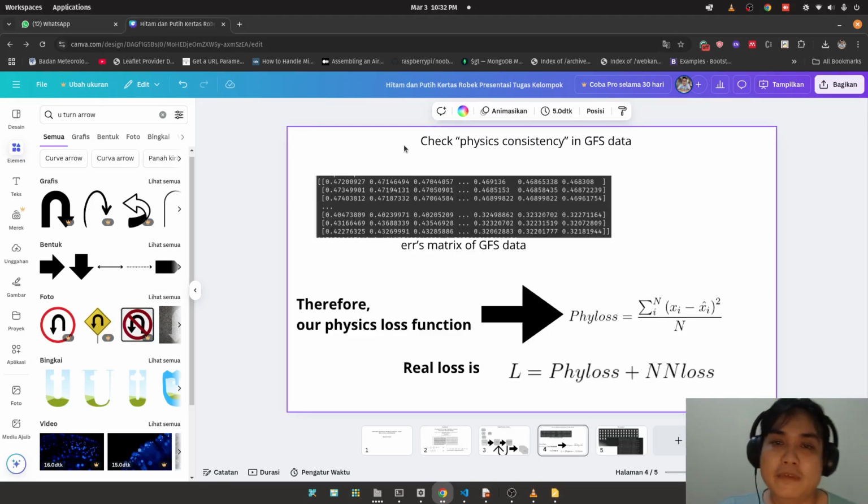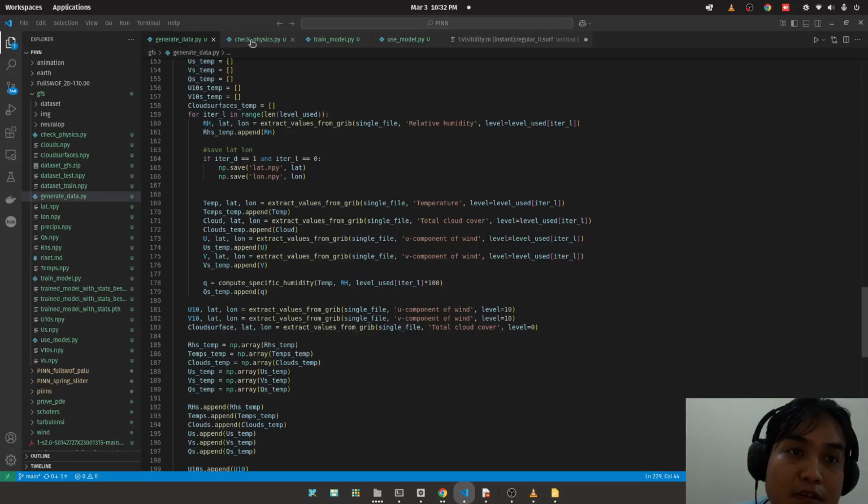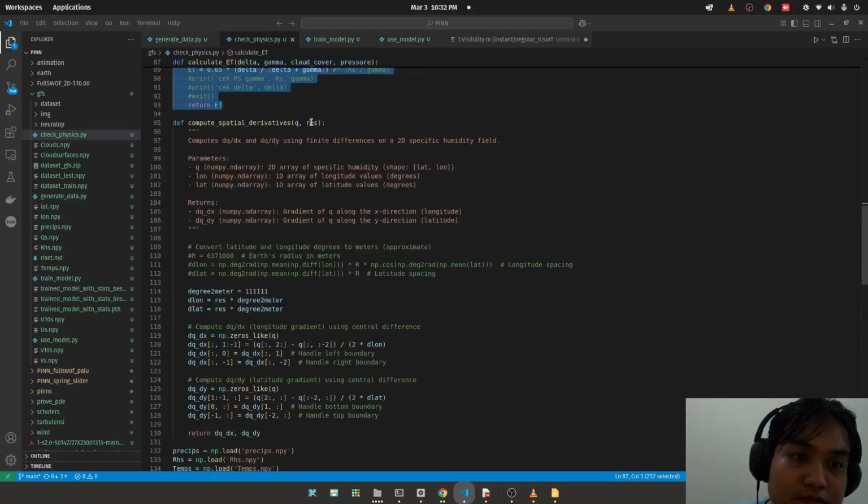So before we apply the physics consistency in the training data, we must check if our ground truth data really complies with this physics or not. And as you can see here, I'm using this script, check physics.